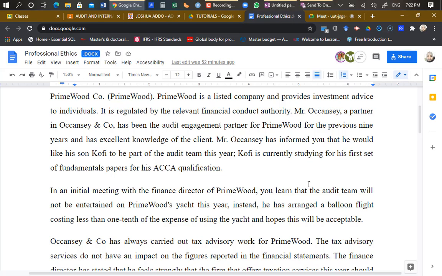So for example, in this case, let's use Kofi. Let's say Kofi works at Primewood and Kofi is deputy finance director and Mr. Okansi is the father to Kofi. And Mr. Okansi is going to audit Primewood, where Kofi is the deputy finance director. Mr. Okansi is a family member to Kofi. In fact, Mr. Okansi's son is Kofi.